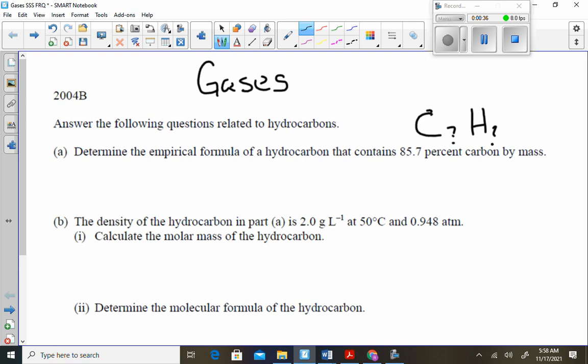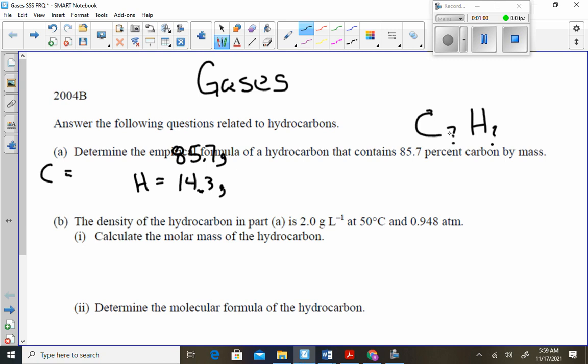If we have 85.7% carbon, let's assume that we have 100 grams, and so we have 85.7 grams, which means our hydrogen is 14.3%, and so we have 14.3 grams. Step one is to find the moles.